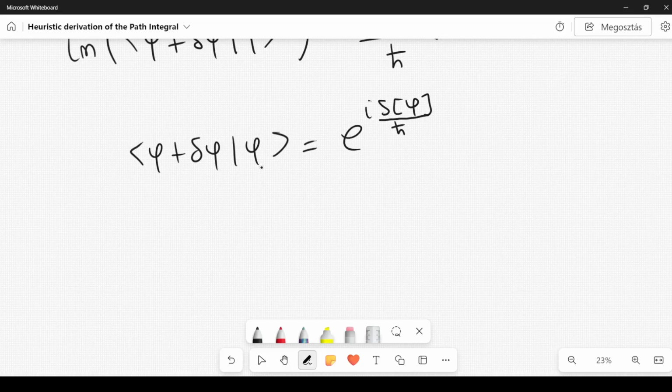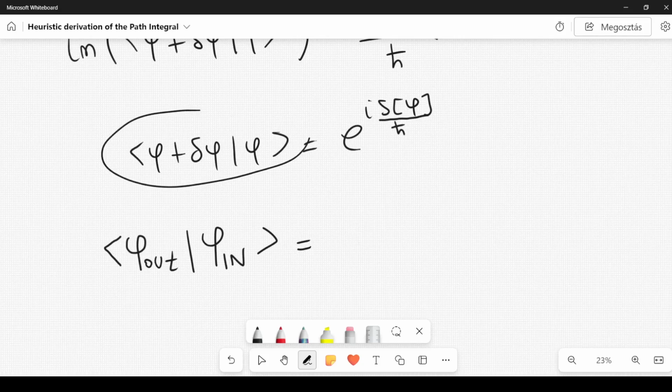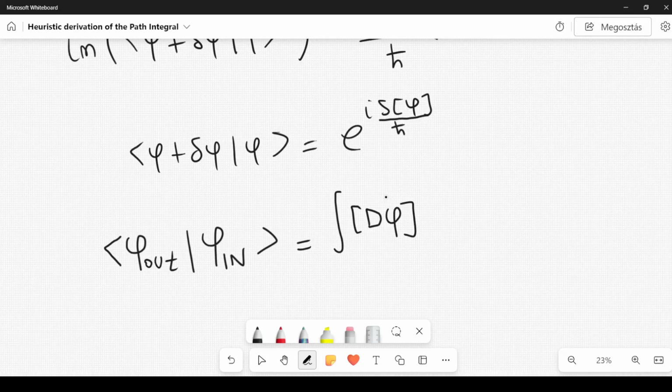And now at this point, if we want to calculate the inner product between a final state, a generic final state phi out, and an initial state phi in, I can define it from this, or from this if you want, they are exactly the same, so I can integrate over some field configuration. So this is some differential that now I define informally. I will tell you a little bit more about it in a moment. We have to integrate over some field configurations.